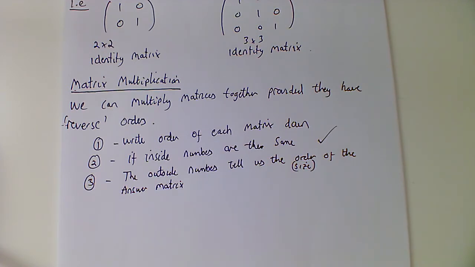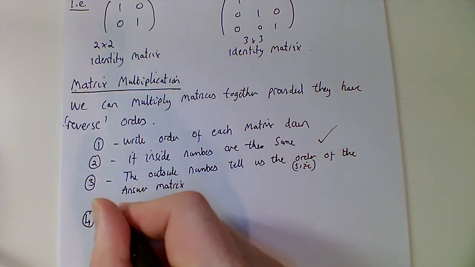And I always think when we first come to doing this, write down the size of the answer matrix, because it'll keep us right. As you get used to doing it, feel free to avoid doing that, but I think it's useful to.